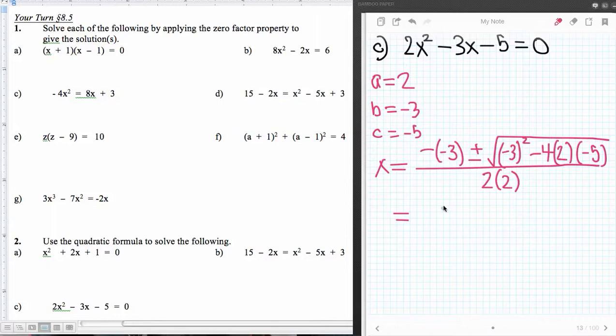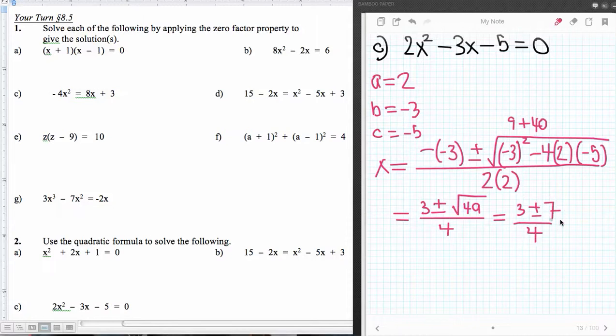And now we have the opposite of negative 3, which is positive 3, plus or minus negative 3 quantity squared is 9, and negative is a positive, and 8 times 5, which is 40, and so this is the square root of 49. And then we have all over 4, and so this is going to look like 3 plus or minus 7, and that's all over 4.